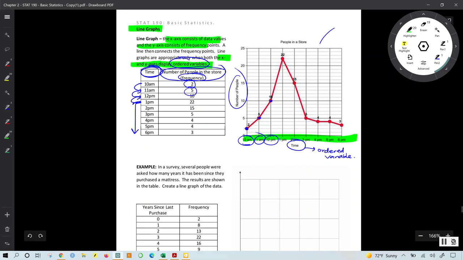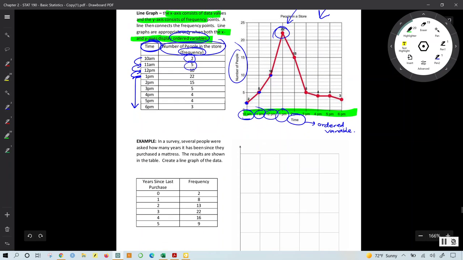When we represent ordered variables in a line graph, the beauty is that we are immediately able to see at a glance that, for the most part, if this data represents what typically happens on a typical day, most people are in the store about 1 p.m.